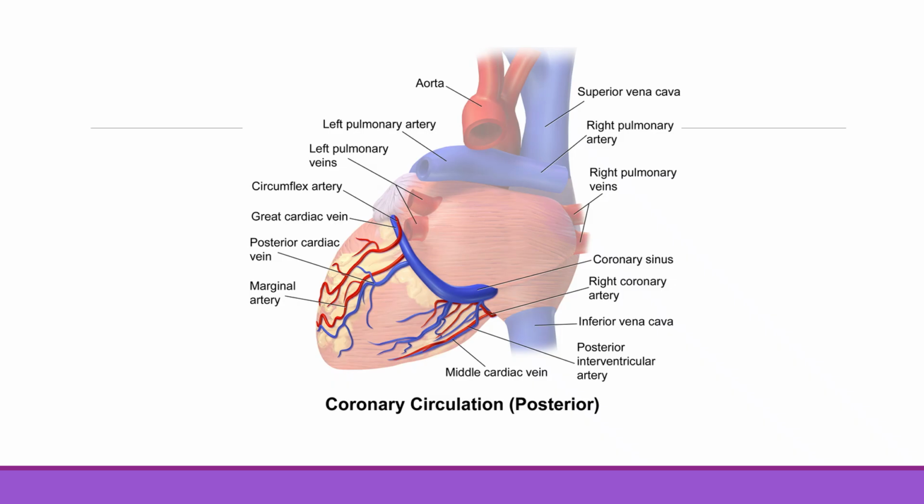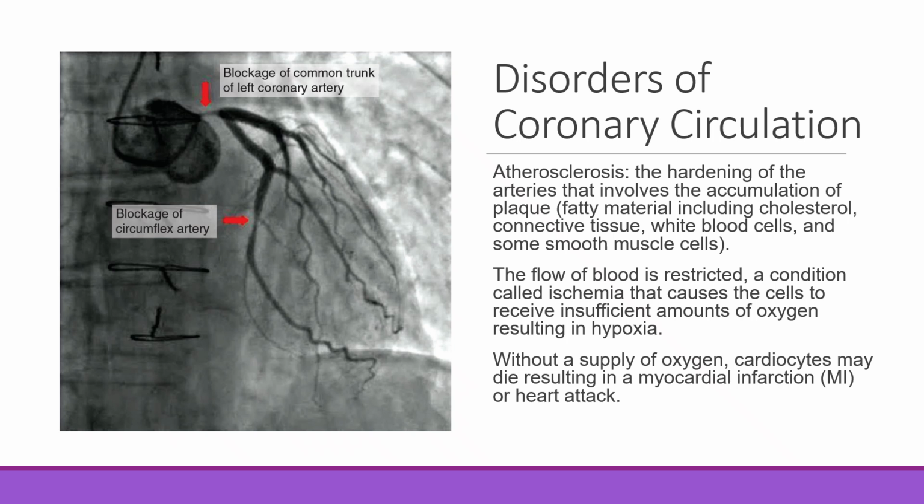You can also see the middle cardiac vein down at the bottom. That's again draining the blood that's coming from the posterior descending. So you'll be looking at those vessels in a little bit more detail in lab.